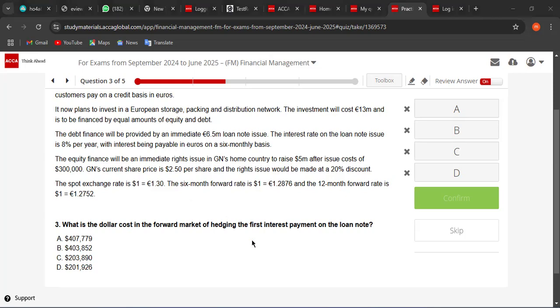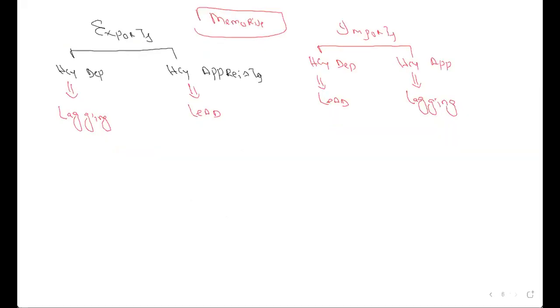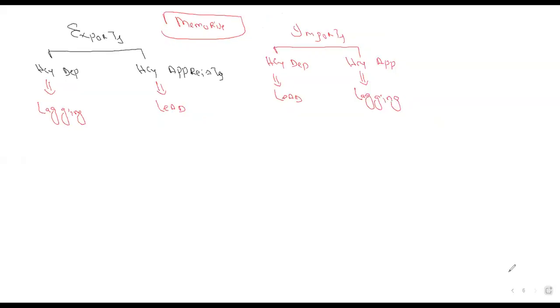See, we will say to the examiner that our interest cost was 6.5 million into 8% into 6 over 12. What is the answer coming?